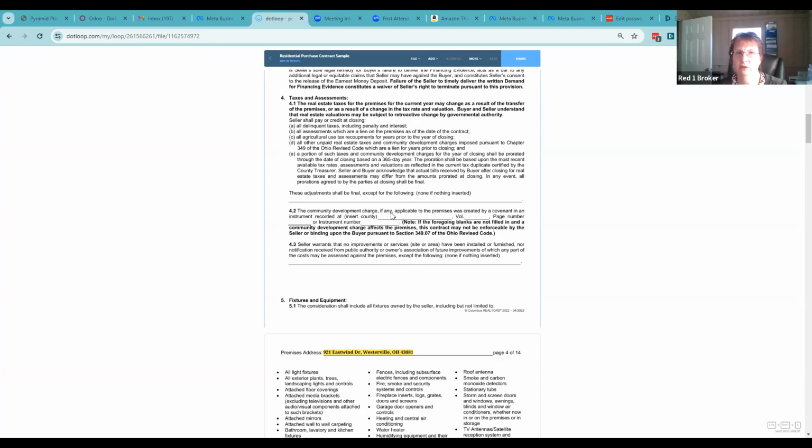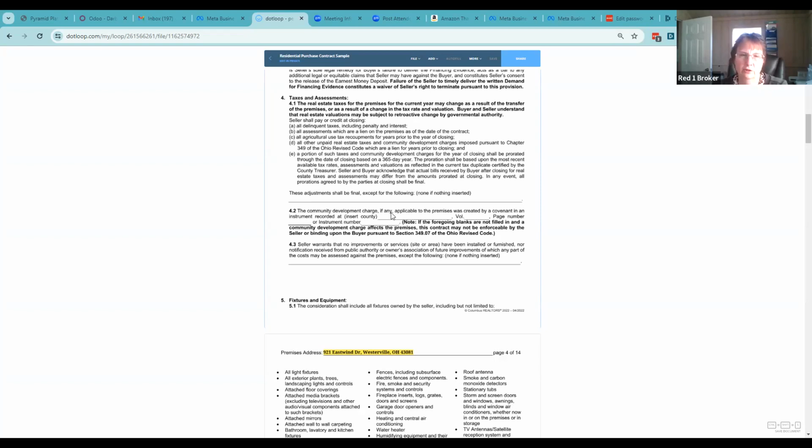So in other words, if the seller did not tell the buyer that there was a community development charge and it's significant, and the buyer finds out about it during the title search and they're not happy about it, they don't want to pay it, then the buyer can actually terminate the contract based on that. And also the seller may decide they don't want to pay anything towards it and they may cancel the contract as well. So all that unknown information, if it crops up, is being covered here. It gives people an out.